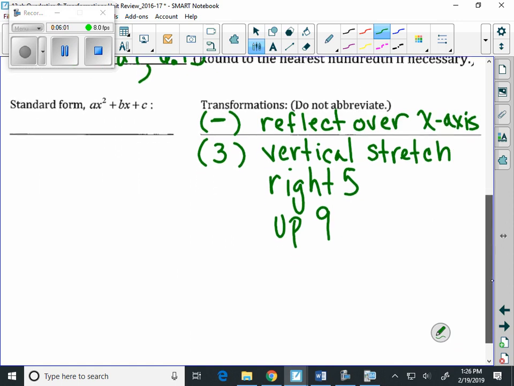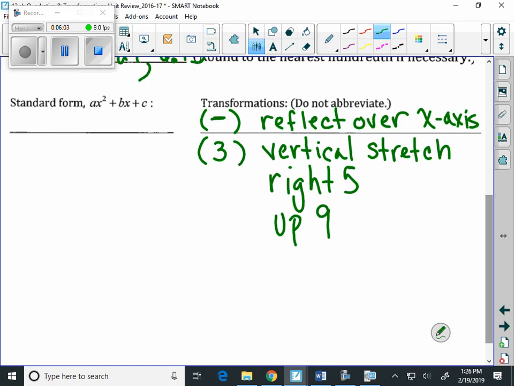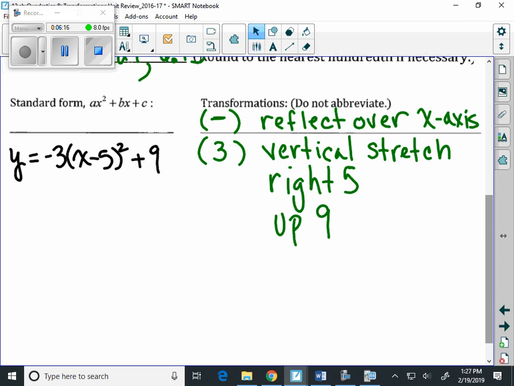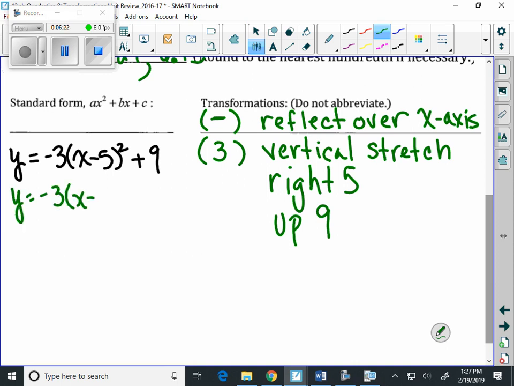When we convert this equation from vertex form, which is how it's written, negative 3 times x minus 5 squared plus 9, into the other form, it's going to be y equals negative 3 times x minus 5 times x minus 5 plus 9.